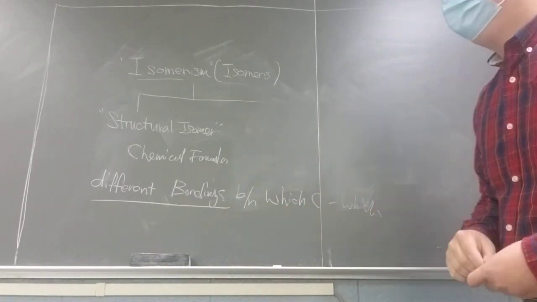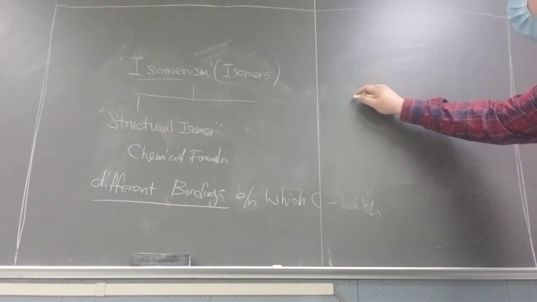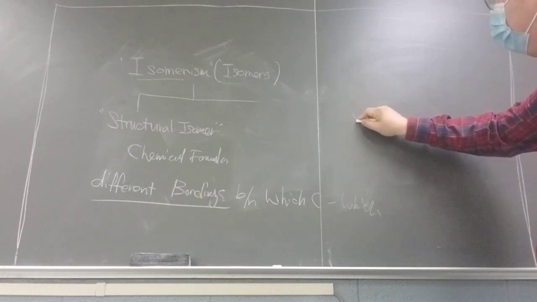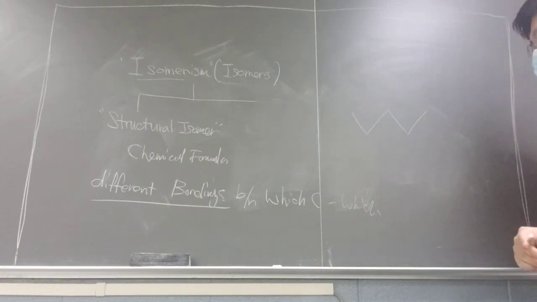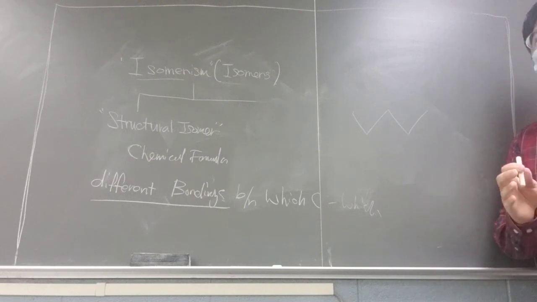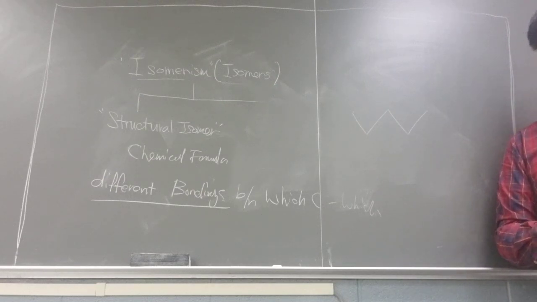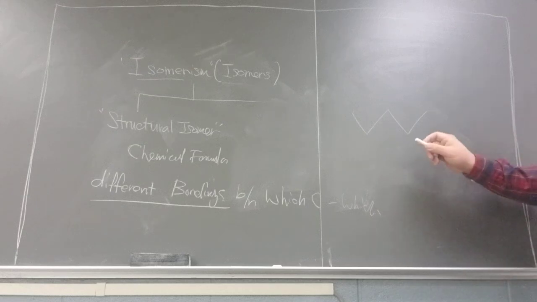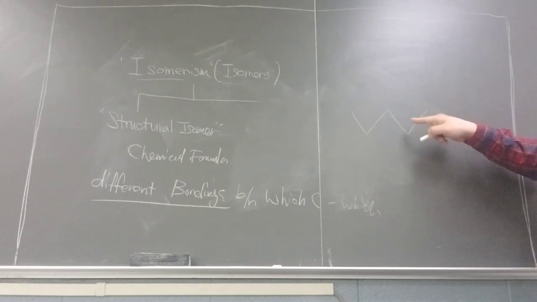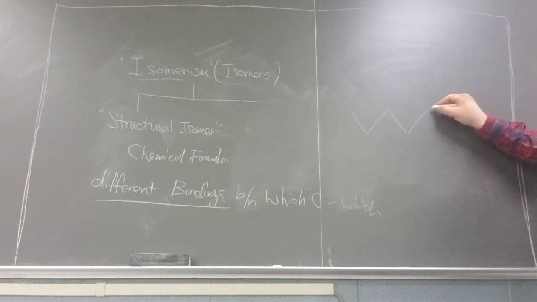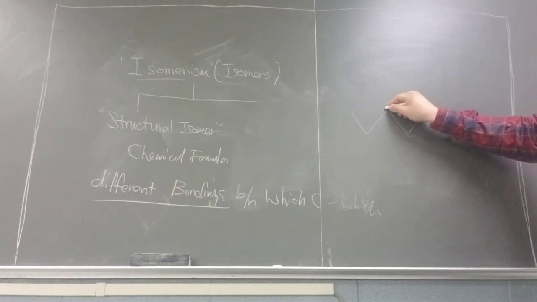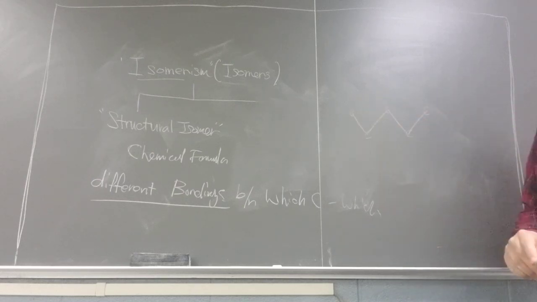So here's the thing. If I draw the structure, it looks like this. Hopefully you see they're only lines, but you assume there are 5 carbons, right?